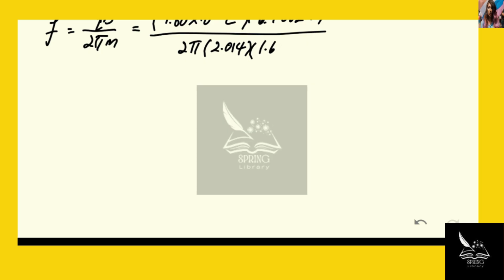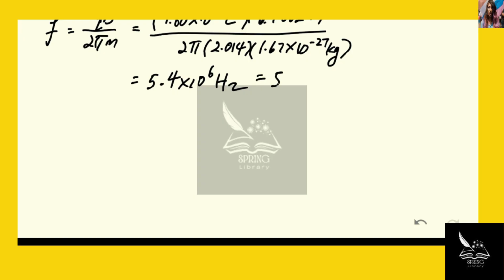The magnetic field from before, and 2 pi times the mass, we should get our frequency to be 5.4 times 10 to the power 6 Hertz, right, or 5.4 megahertz.